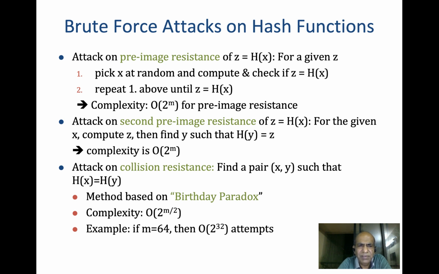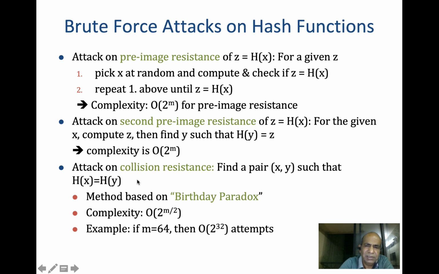It means that for a given x and z, we need to find y such that h(y) is equal to z. So given one plaintext and its hash value z, you just need to find another text which hashes into the same output value z. The complexity of this again is order 2 raised to the power m.